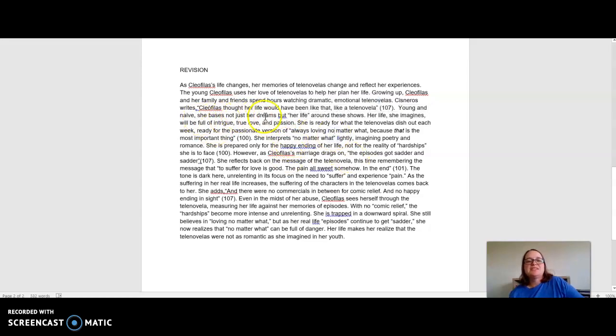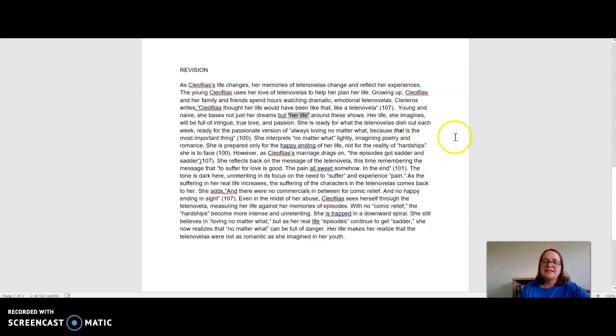Young and naive, she bases not just her dreams, but, quote, her life around these shows. That's using the phrase her life from the quote, and since it came from the quote, I'm putting it in quotation marks again. It's looking back. It's distinguishing that it's not just her dreams, but actually her life, her physical life around these shows, her choices, her decisions about where she's going. And so, in this instance, her life is added in as a kind of close reading.